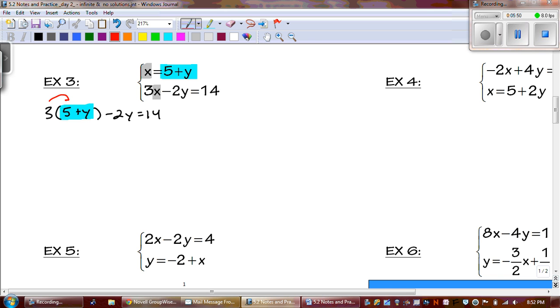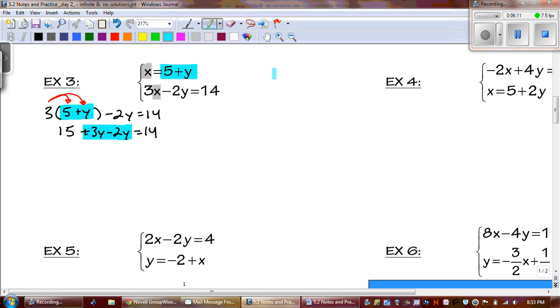All right, let's go ahead. Our first thing we have to do is to distribute. 3 times 5 is 15. 3 times y is 3y minus 2y equals 14.